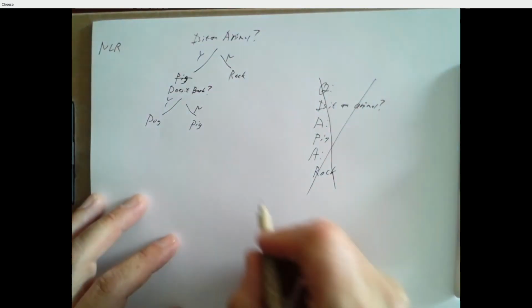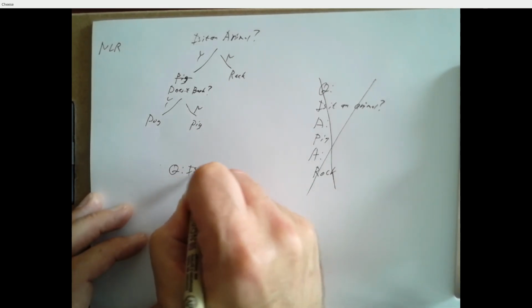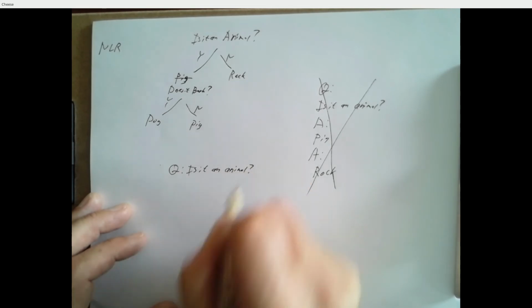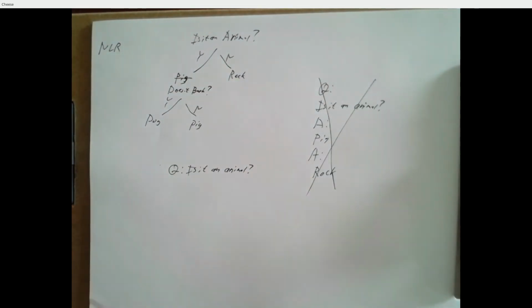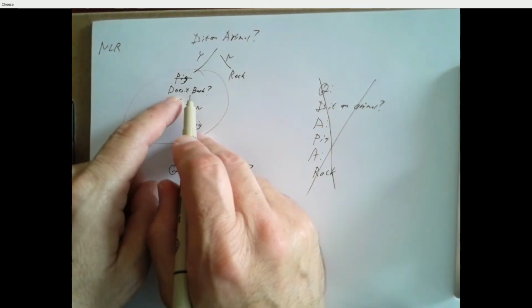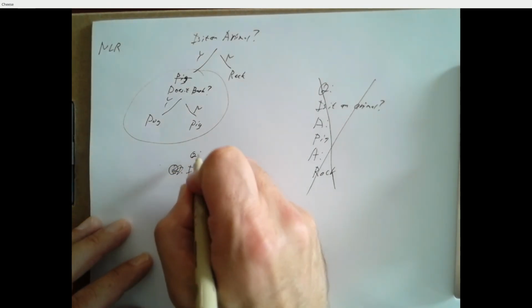So node, first we start with a question: is it an animal? And then we want to traverse the left subtree. Visit the node first. So, yes, this is on 2 lines.